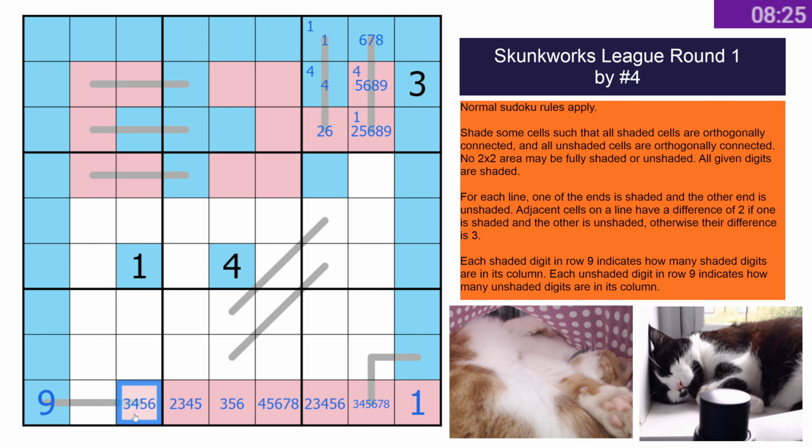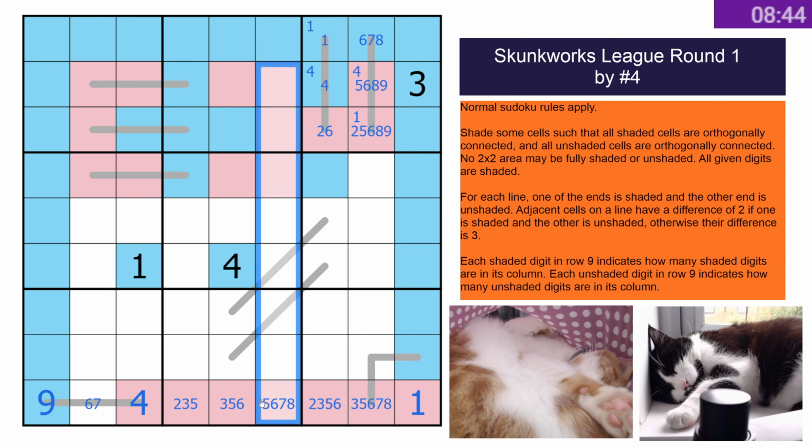Oh, sorry, these two. These two have got a difference of 3. No, they don't. They've got a difference of 5 or 1. Let's try that again. That is a 4. Because this has now got to be either a 6 or a 7, don't they? So that's interesting. So one of these two is an 8 with a whole bunch of pink shading like that or like that.